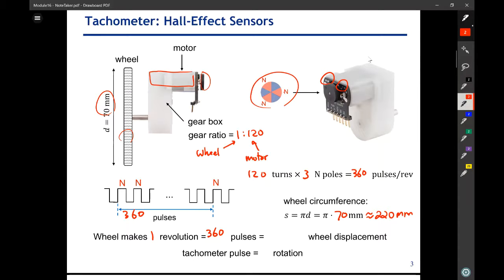That is equivalent to 220 millimeters of wheel displacement. So one tachometer pulse means 1 degree rotation of the wheel.